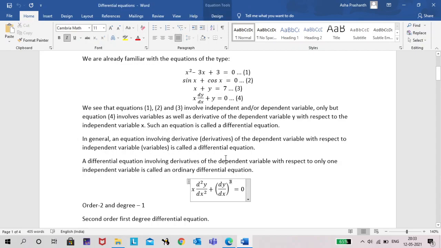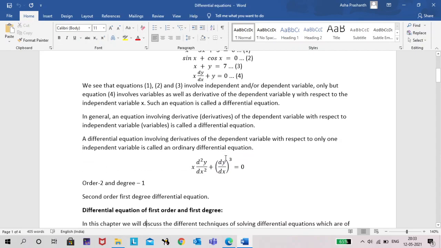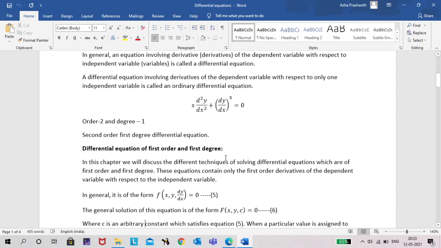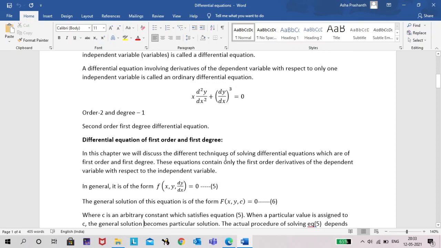According to your syllabus, this semester we are going to study differential equations of first order and first degree. First order means the differential equation contains dy by dx. First degree means the power is 1.